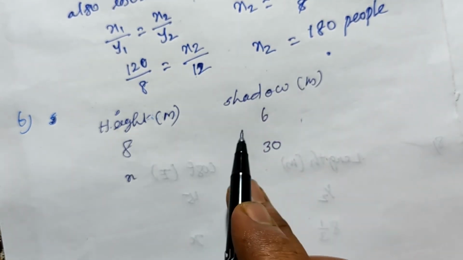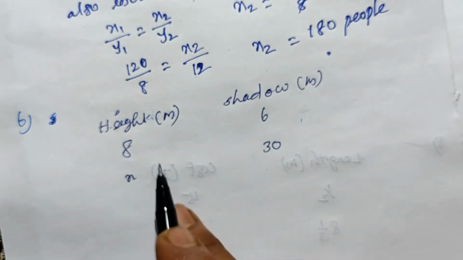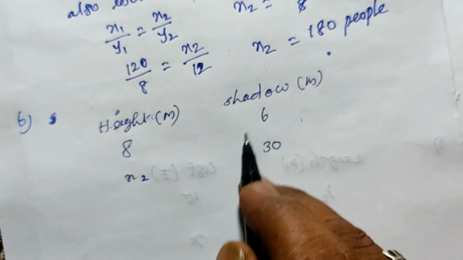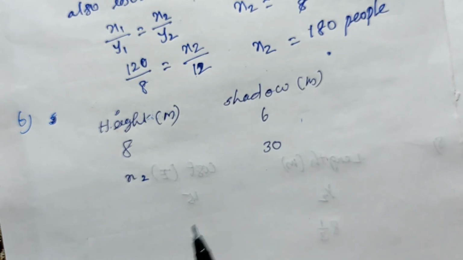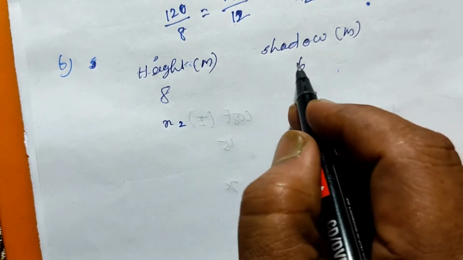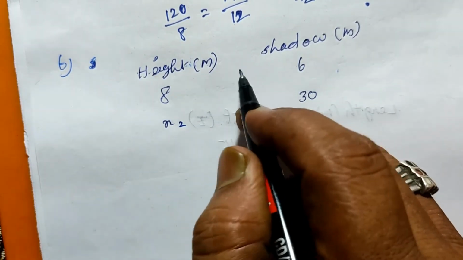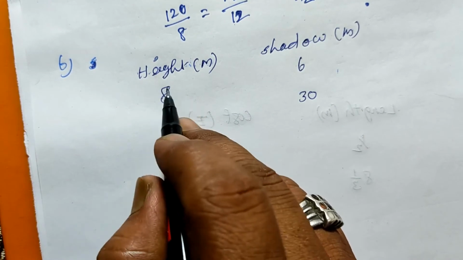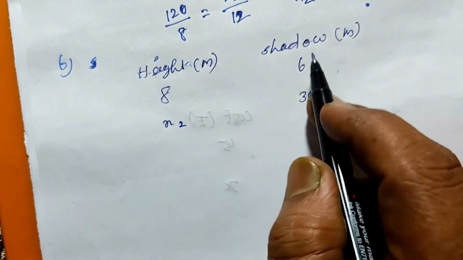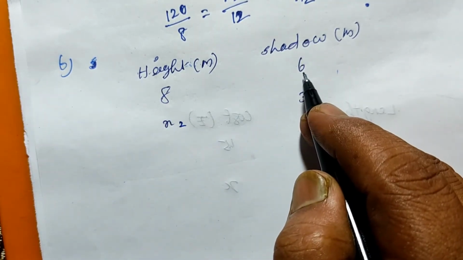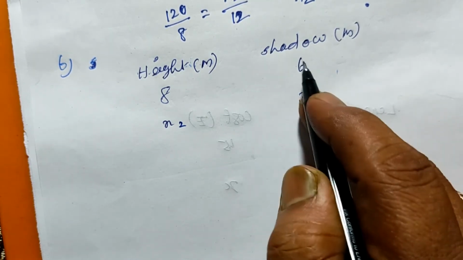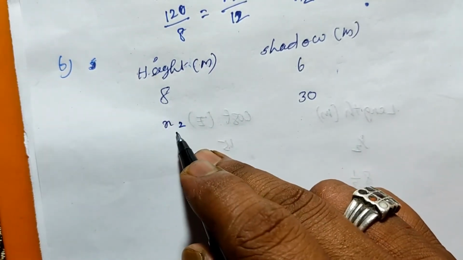The height of shadow is equal to 6 meter, and then the height of the pole is equal to x2, and the height of the shadow is equal to 30 meter, right? Normally the height of the pole is 8 meter, and its shadow is 6 meter. So if this is 30, this has increased. So this also will have increased.